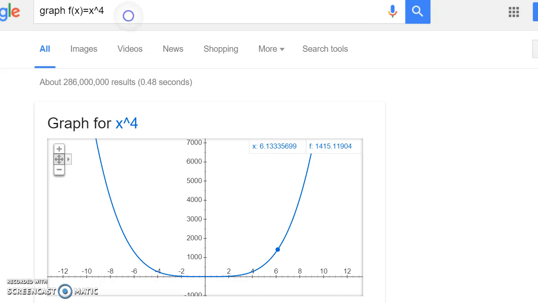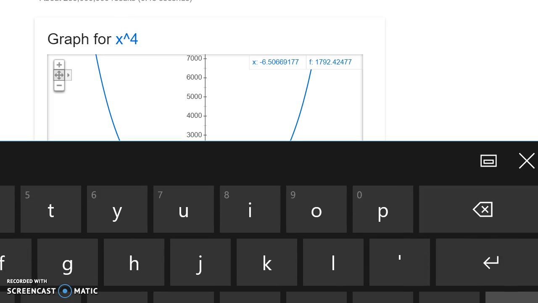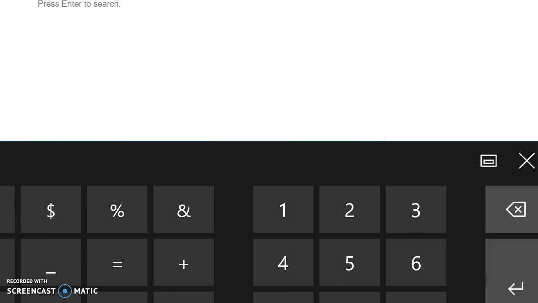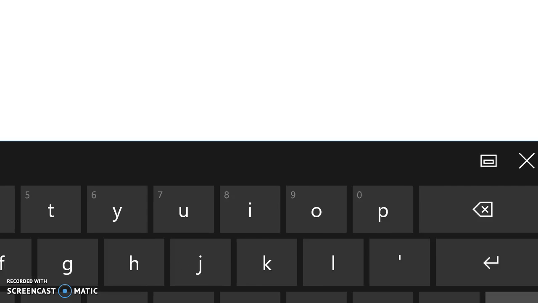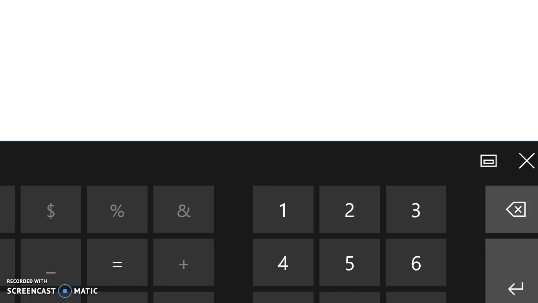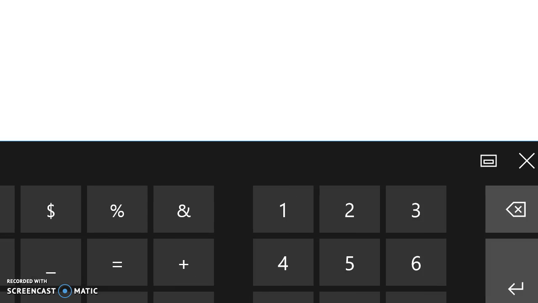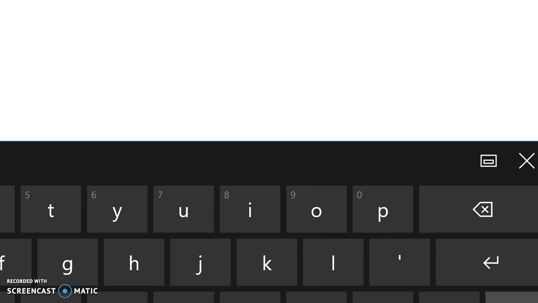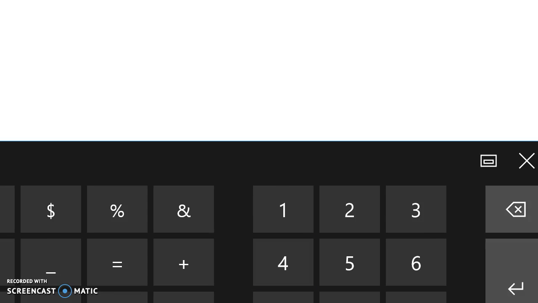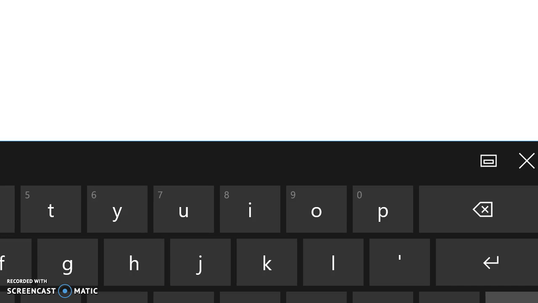All right, so now I'm going to attempt to put in x to the 6th minus 3x to the 5th minus 8x to the 4th plus 18x to the 3rd power plus 25 plus 25x squared minus 15x, and minus 18.